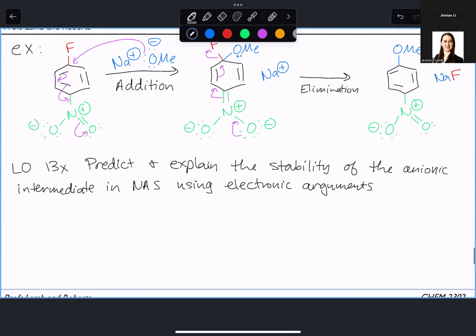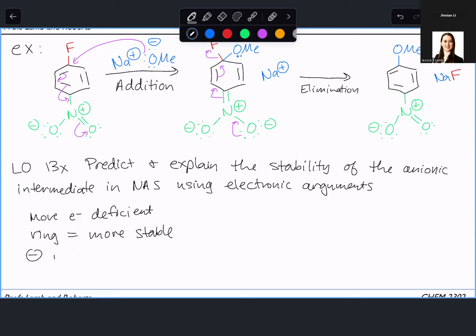So that's essentially what we've been talking about, right? Resonance structures are electronic arguments. And so it's just trying to connect the dots a little bit, that having a more electron deficient ring means that you have a more stable anionic intermediate.